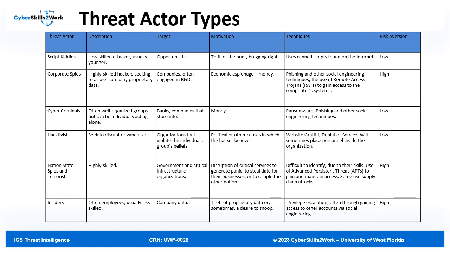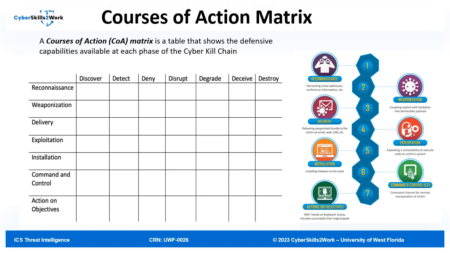This table depicts the different types of threat actors with varying levels of sophistication and expertise. A courses of action matrix is a table that shows the defensive capabilities available at each phase of the cyber kill chain.